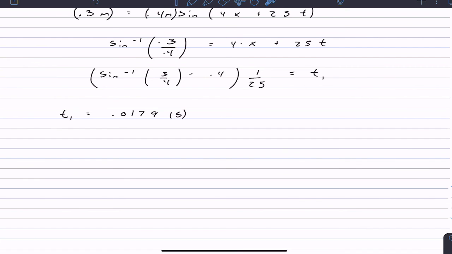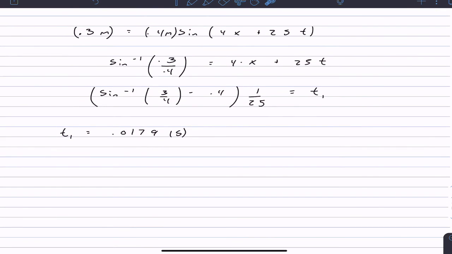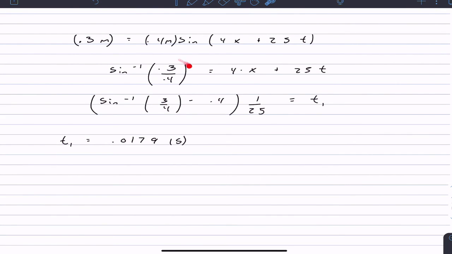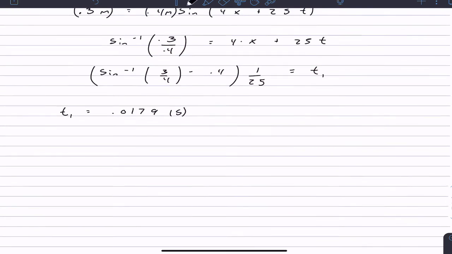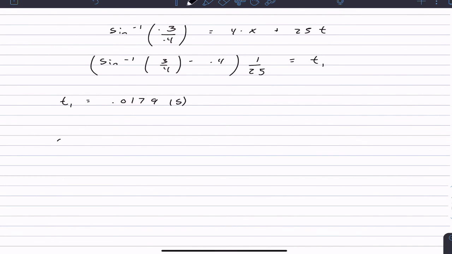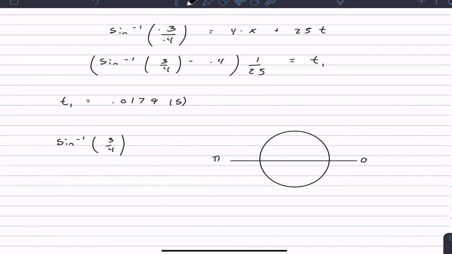So the next thing we can do is take this general arc sine argument, because this is something we can use in trigonometry. We can ask, what is the next time that this is actually going to happen? Or at what phase? So we have a phase shift of pi, and that's usually what we look at. We have 0, and then there's pi, and if this is the first time, what is the next time?